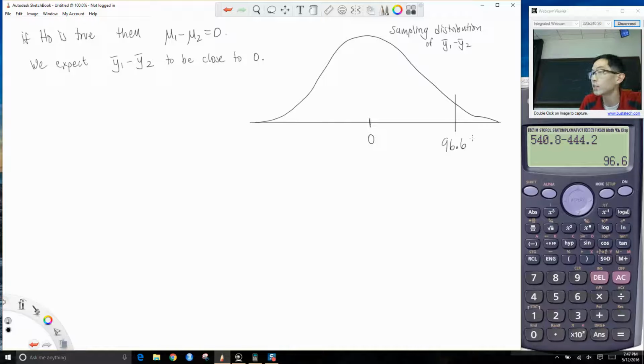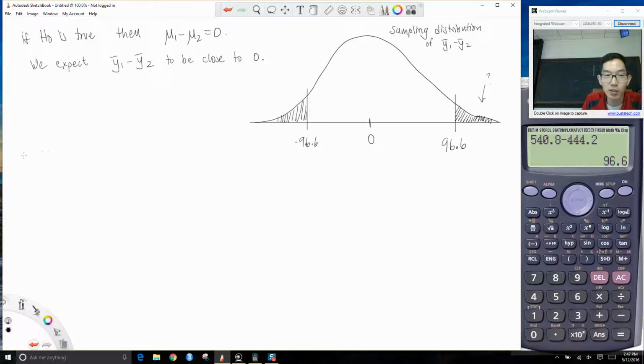This is the value we saw. We want to know, what's the probability of getting a value of 96.6 or something more? And technically, depending on what we're looking at, our total answer will include both the upper and lower sides, because both a positive and a negative difference are of interest to us.